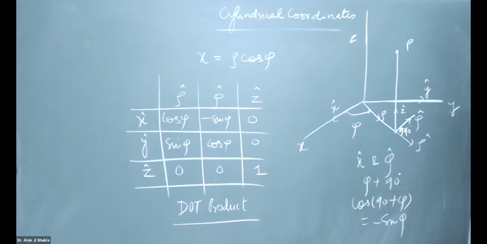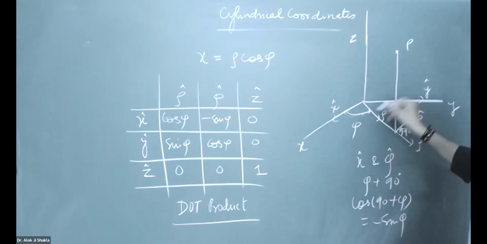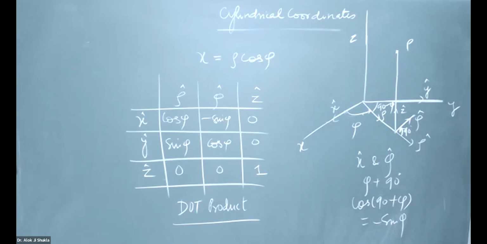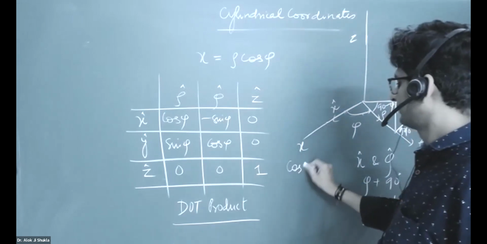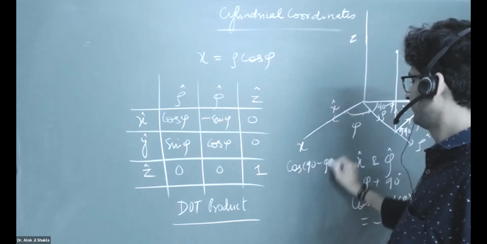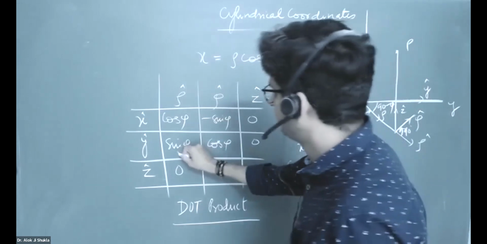This is phi, the total is 90, so it will be 90 minus phi, no? Yes, sir. Why are you getting so worried? So cos of 90 minus phi, which is sin phi. So it is written here.